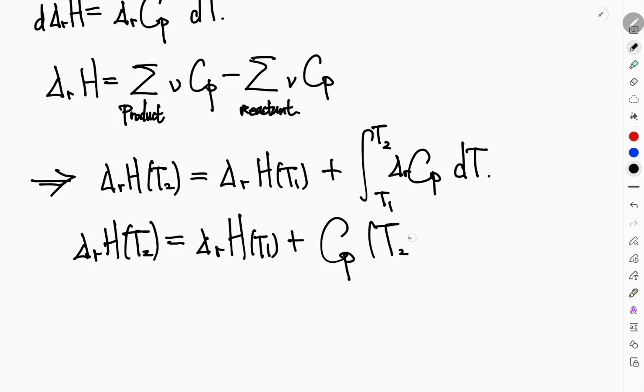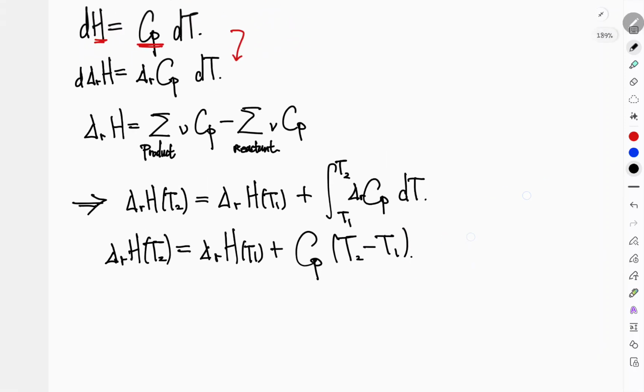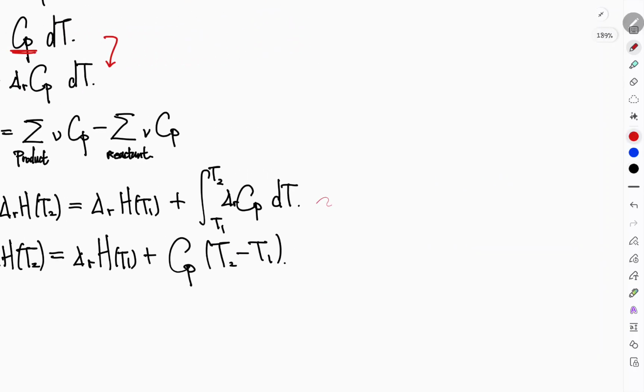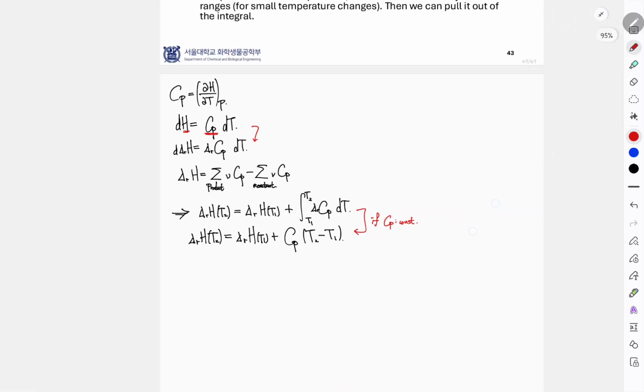So in this chemical reaction, we know the reaction enthalpy at T1, we know the Cp and the temperature difference, so we can calculate the reaction enthalpy at T2.